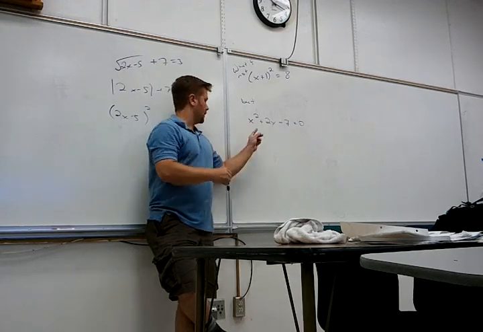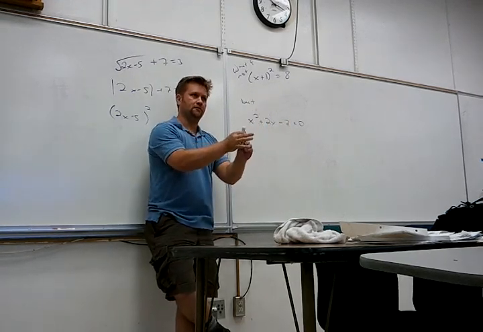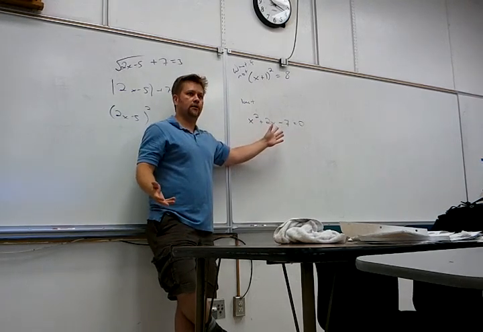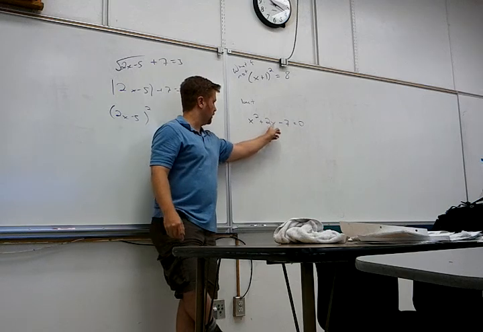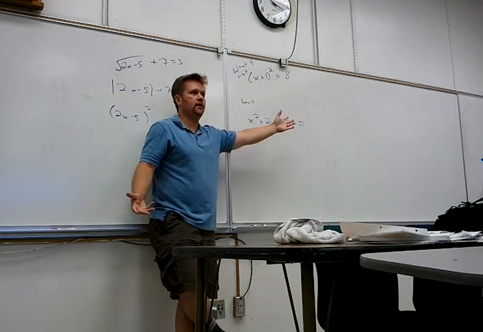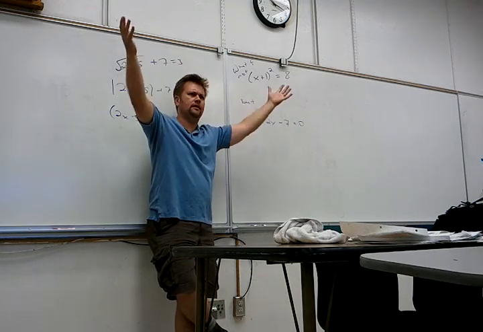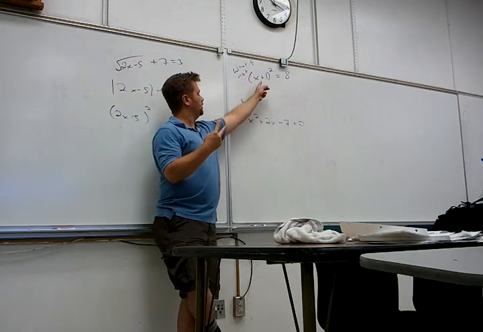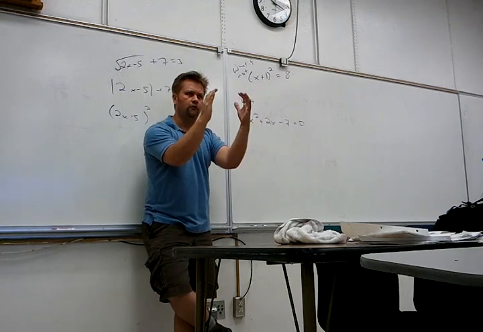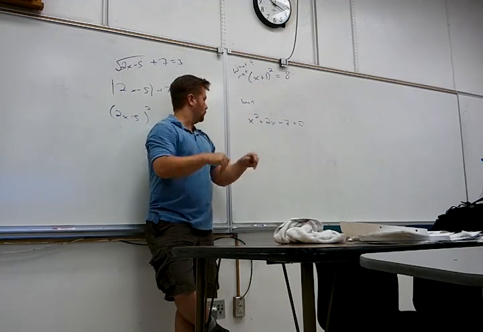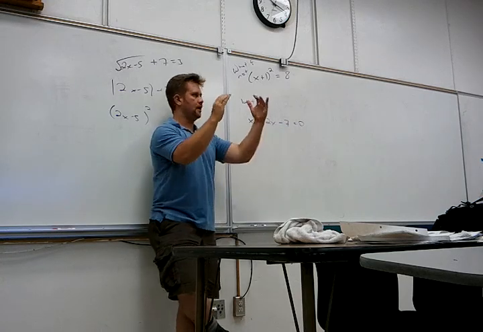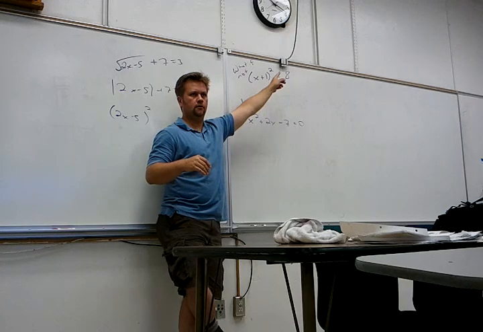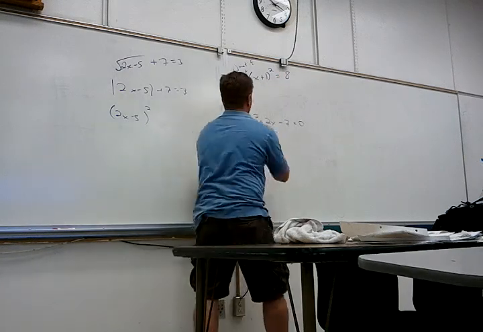Some of you guys might realize exactly where I got this equation from, but we'll get to that in a second, right? I cannot just get x squared alone and square root both sides, right? Does everybody agree with that? If I put this over there, I'm not solving for x because I got an x on the other side. I get the square root of negative 2x minus 7. What the hell's that? Right? So there's got to be some other way. I can't factor it. I can't do it like this because all my x's aren't grouped for me already. So that's the idea. I want to somehow group my x's together and get something that looks like this. I want to get something squared. So hold on to this. We'll come back to this in a minute.